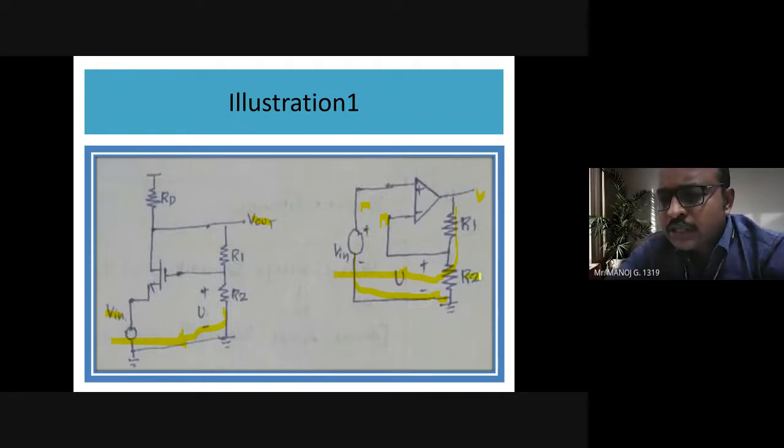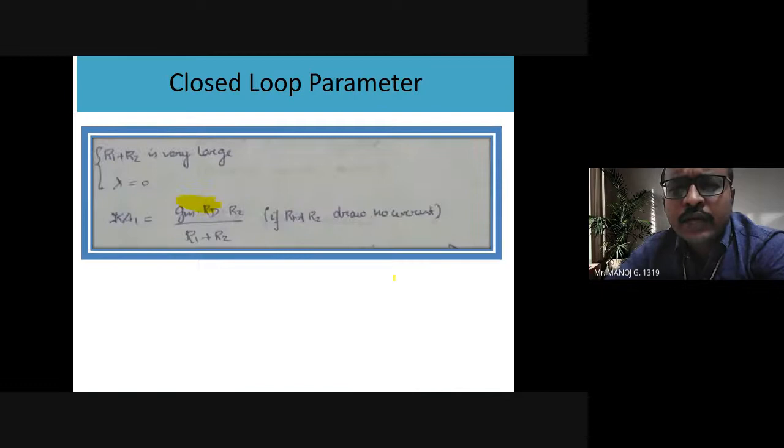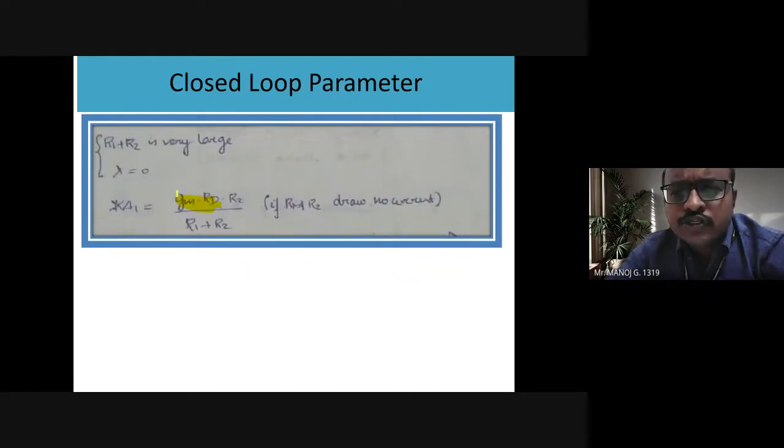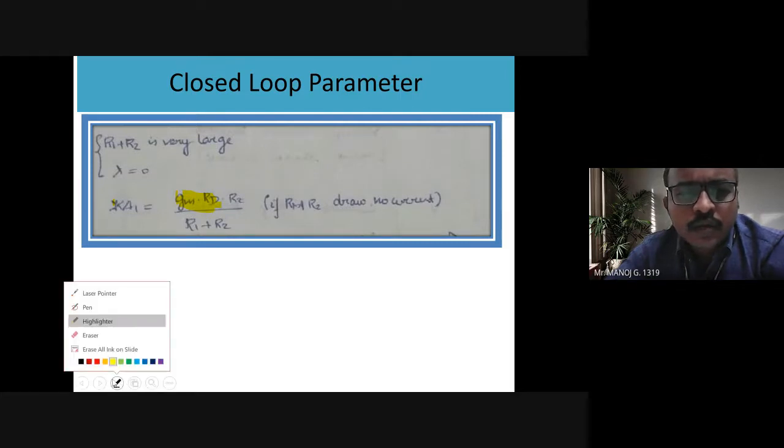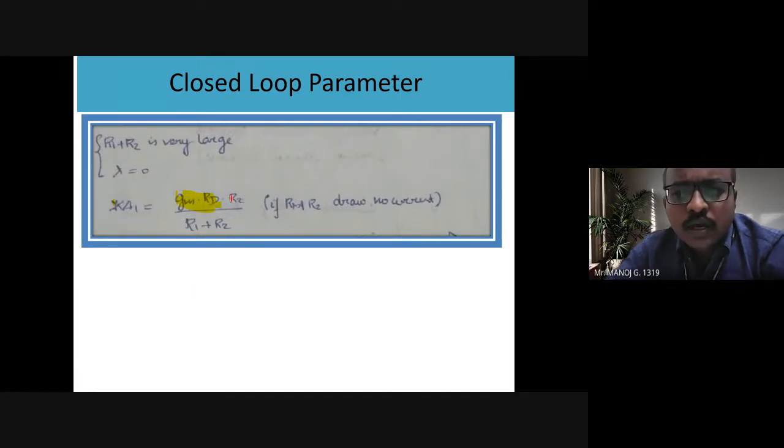This is the resistance under closed loop. So this is R2 divided by R1 plus R2. So the voltage divider bias concept, right? When you put that across, it becomes GM into RT. K is nothing but R2 divided by R1 plus R2.